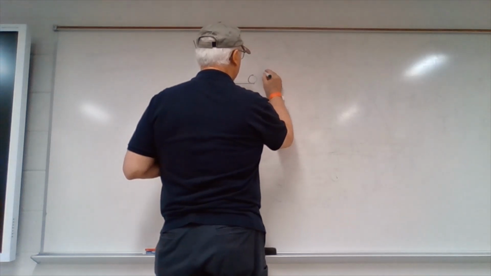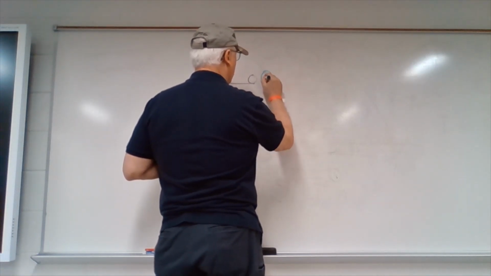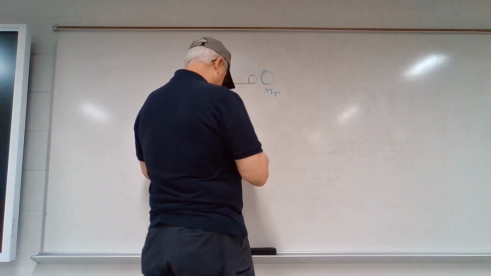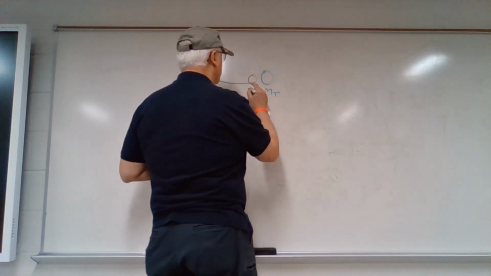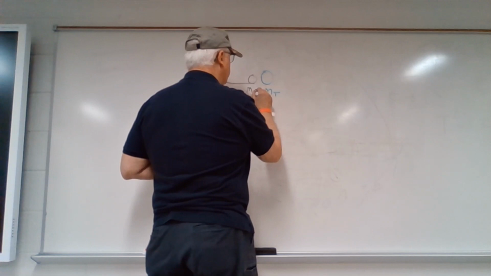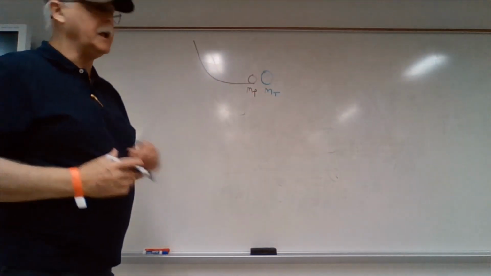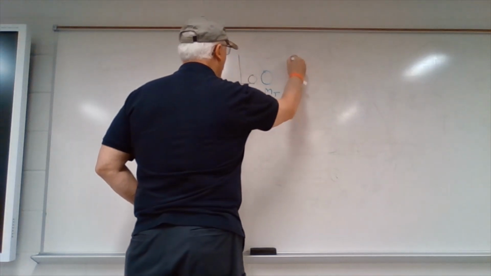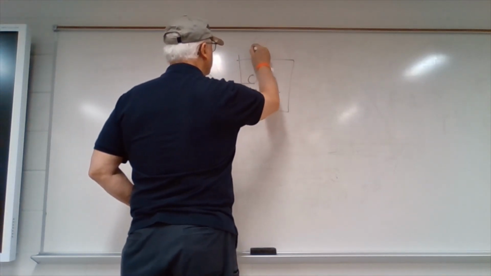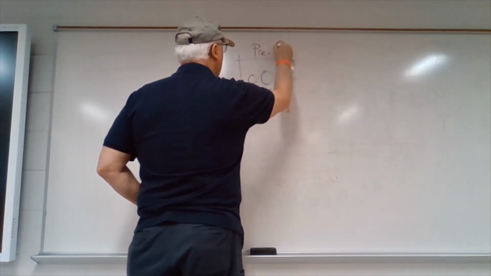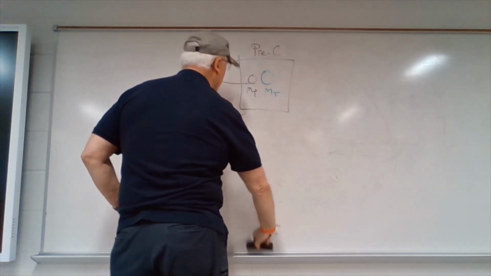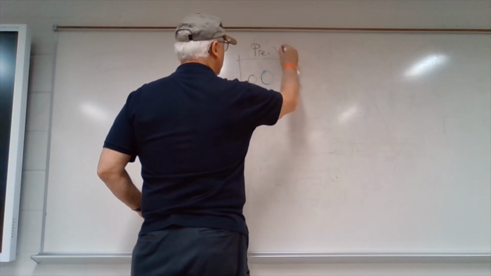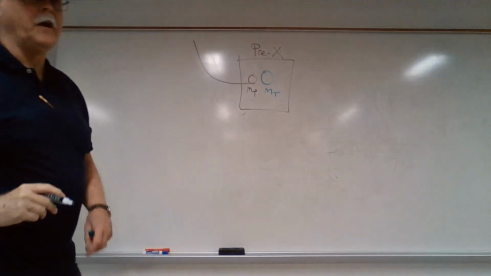Okay, so here's the target. So we've got mass of the target. We've got mass of the projectile. This is pre-collision. Let's call the collision something like X. There's a collision. Pre-collision.